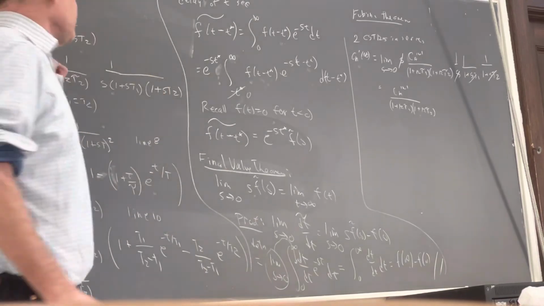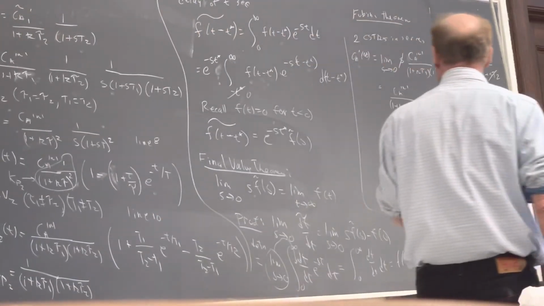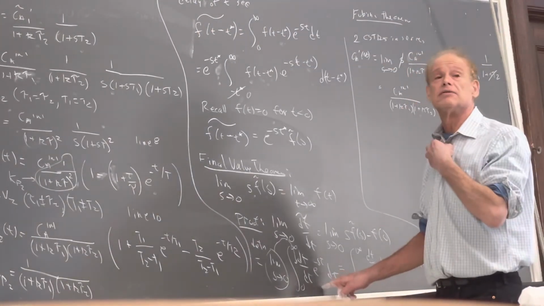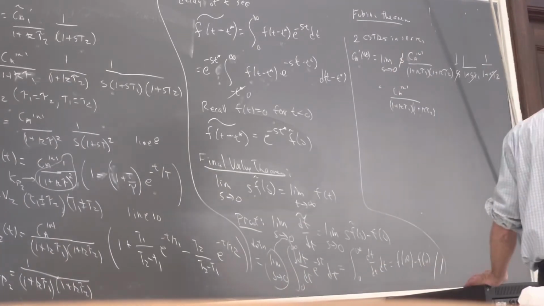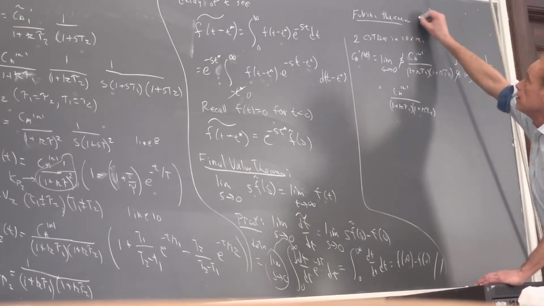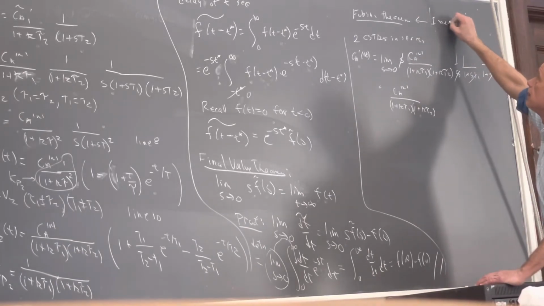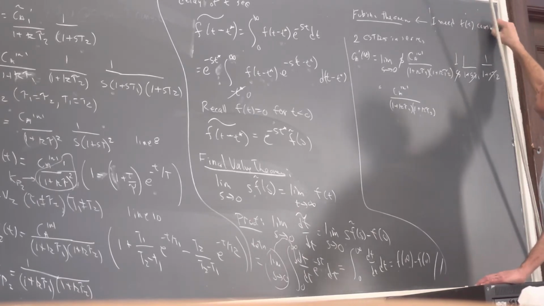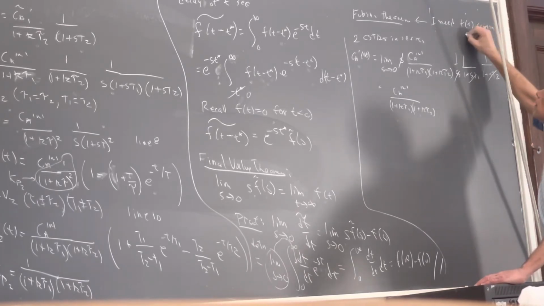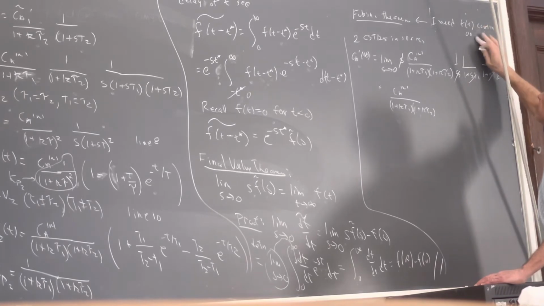Well, one of the assumptions needed for this is I need f to be continuous. For this to happen, I not only need the Fubini theorems, but I also need f of t to be continuous on 0 to infinity.